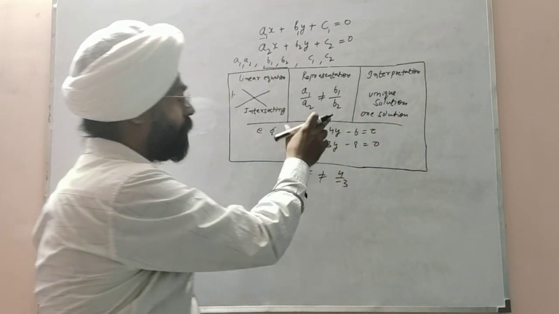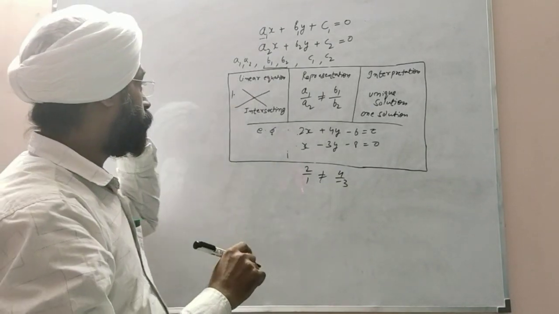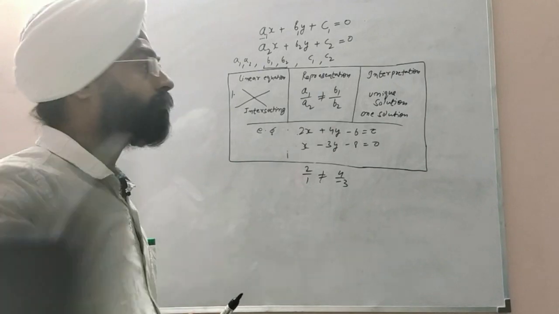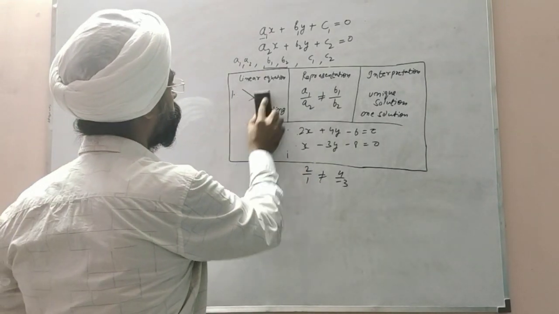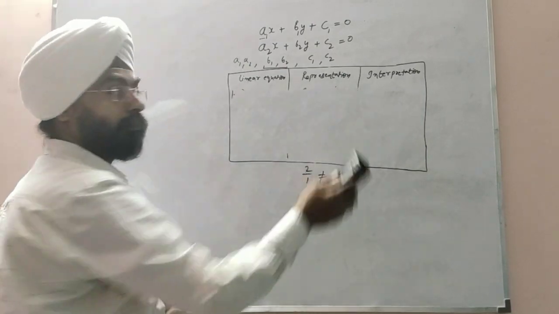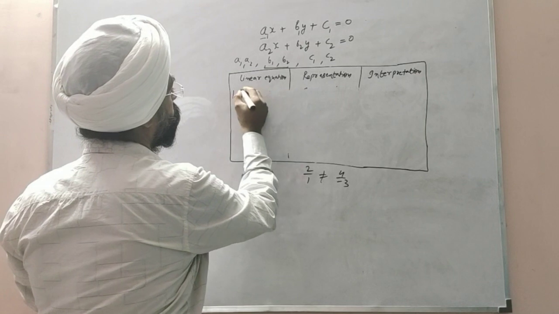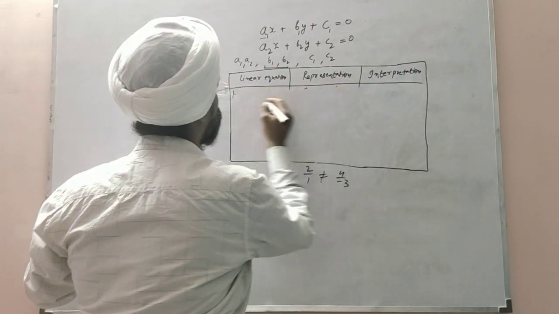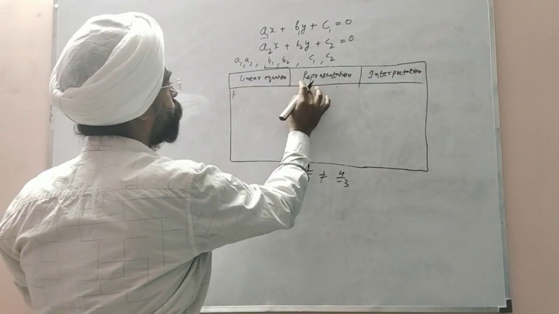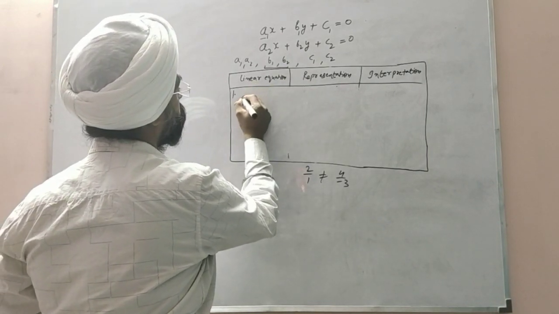Whenever we solve this type of equation, you will find only one solution. Now the second representation. The second thing we will see is when the linear equations are coincident lines.